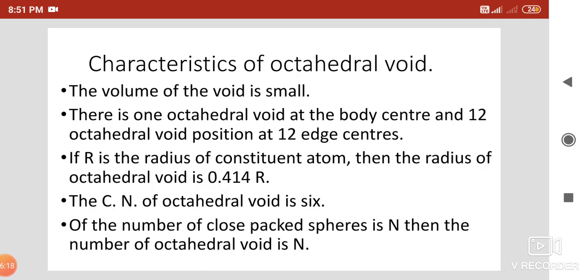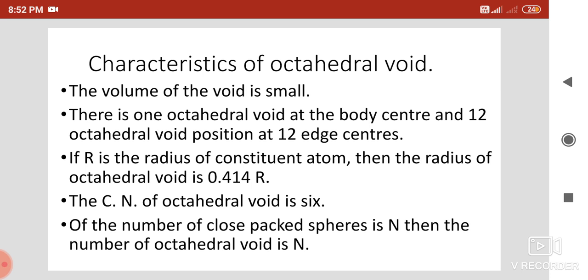Let us see the characteristics of the octahedral void. The volume of the octahedral void is small, although it is bigger than that of the tetrahedral void. There is one octahedral void at the body center and 12 octahedral void positions at the 12 edge centers.